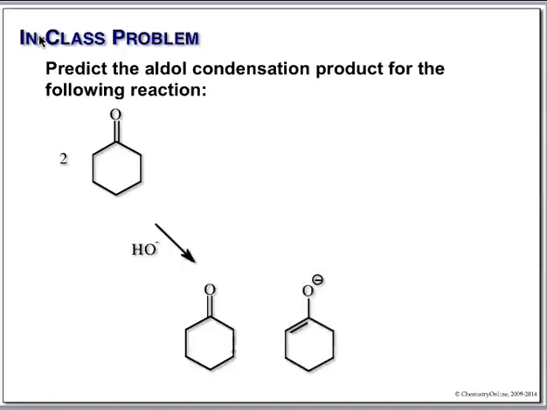Now this enolate is going to collapse, and when it does, the alpha carbon is going to attack this carbonyl. Draw the structure of our product. We are going to have a bond between our alpha carbon and this carbon that used to be the carbonyl.